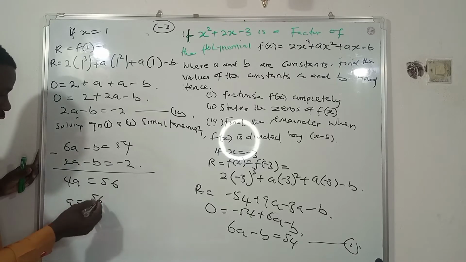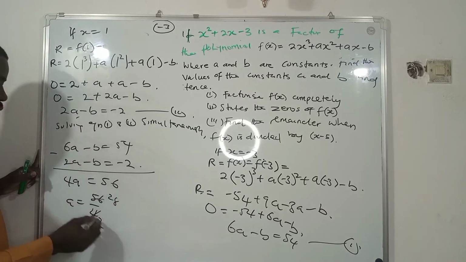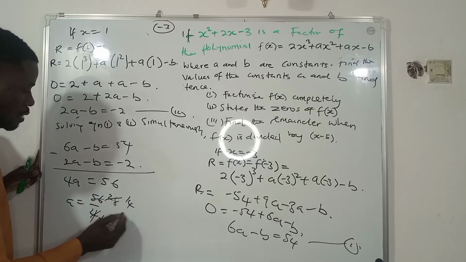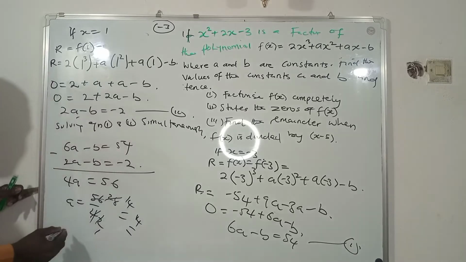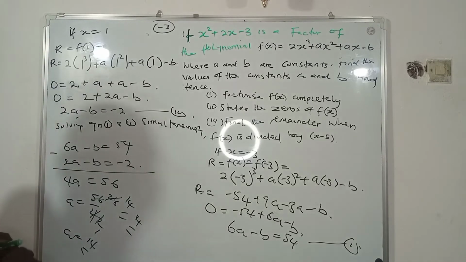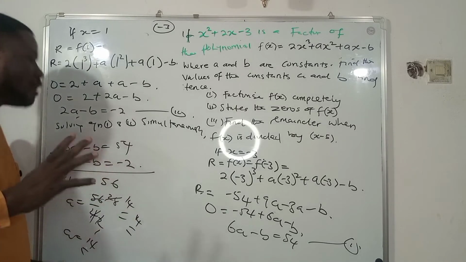Of course, if we divide, 2 here will be 2, 2 here will be 28, 2 here will be 1, 2 here will be simply 14. So A is equal to 14. The value of A is 14.